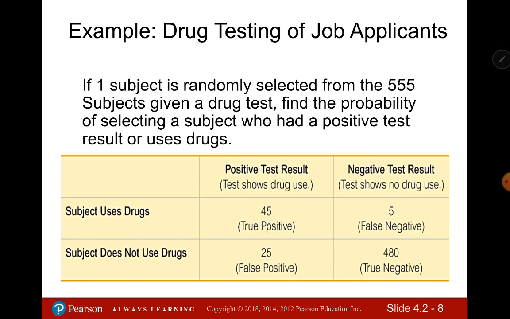True positive means a positive result and the person actually uses drugs. True negative means a negative result and they actually do not use drugs. This time we want to find the probability that a selected subject had a positive result or uses drugs.